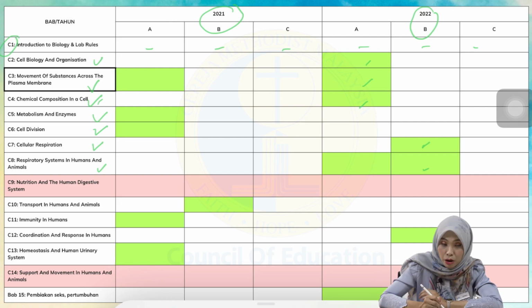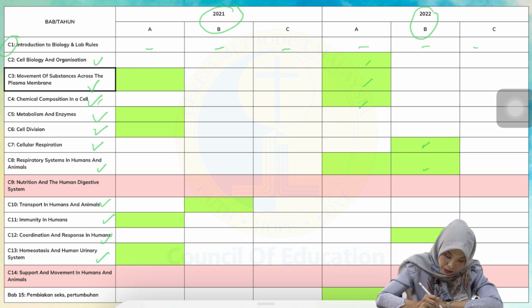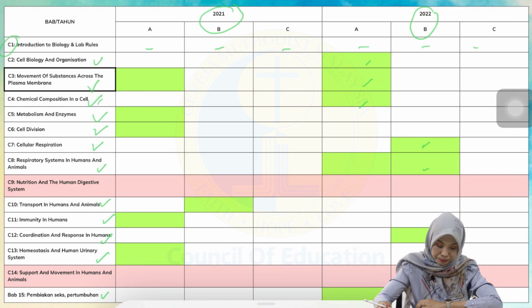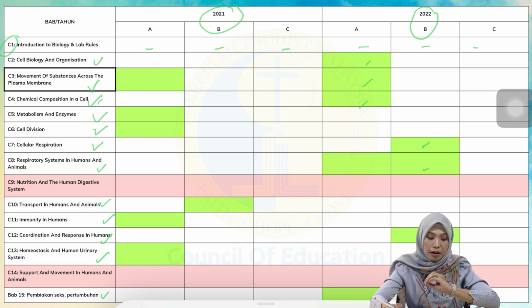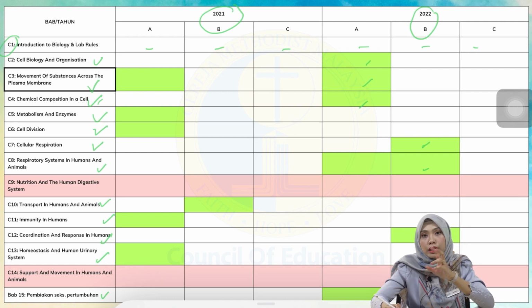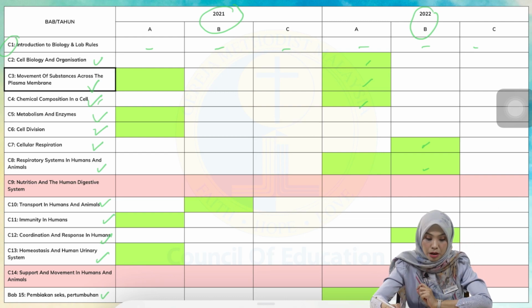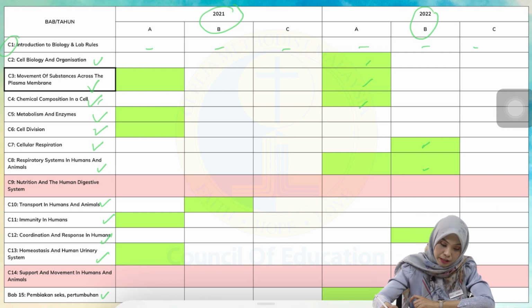I continue with all the green highlighted topics: Chapter 10, Chapter 11, Chapter 12, Chapter 13 and Chapter 15, Reproduction and Growth. All are highlighted in green because it means they have been tested either in 2021 or in 2022, or maybe in both years, as you can see.